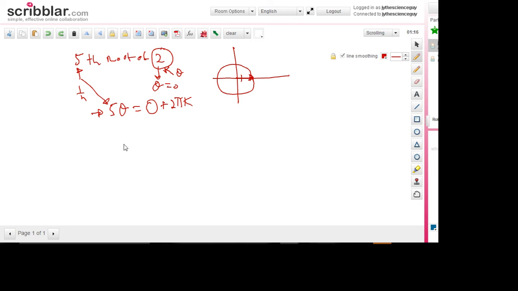I get theta is equal to 2 pi k divided by 5, and that becomes my new theta. That's why I substituted it in before. Then I write the equation all the way out, and I just change the value of k. I change it from 1 to 2 to 3 to 4 until the pattern repeats itself.